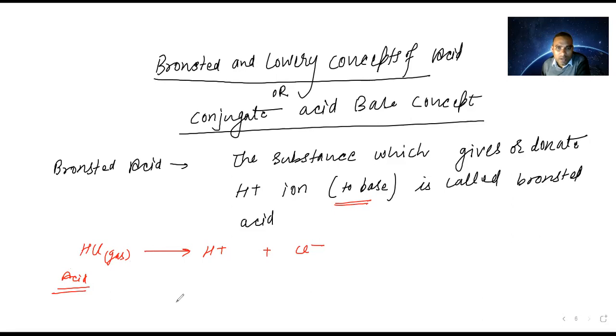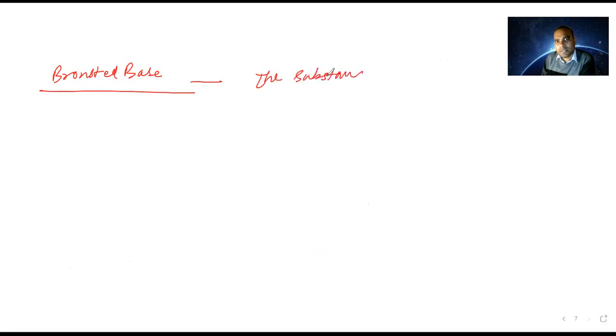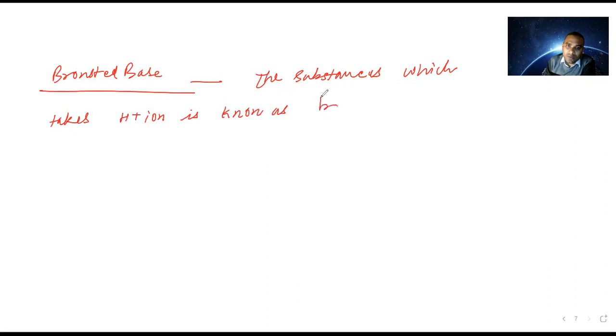Now let's go for the Bronsted base. Here they are saying the substances which take H plus ion are known as Bronsted bases.